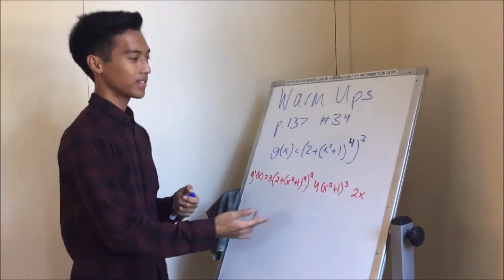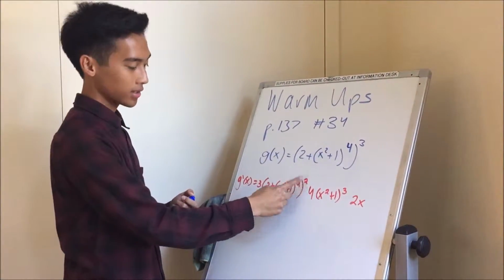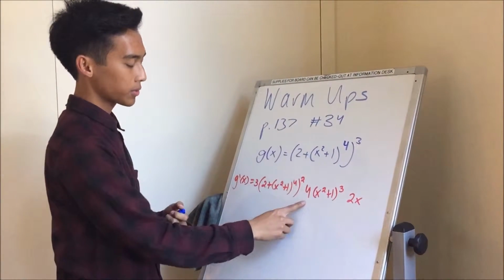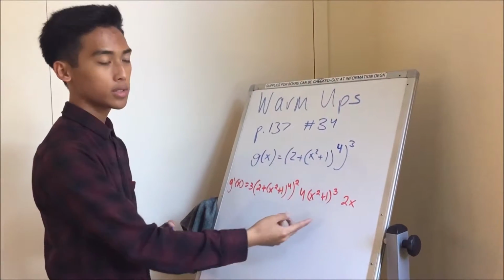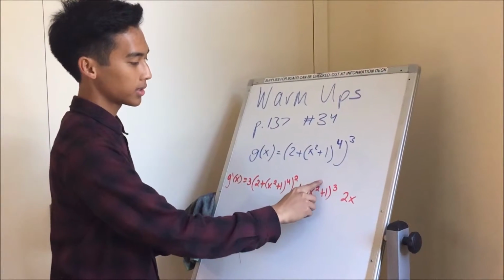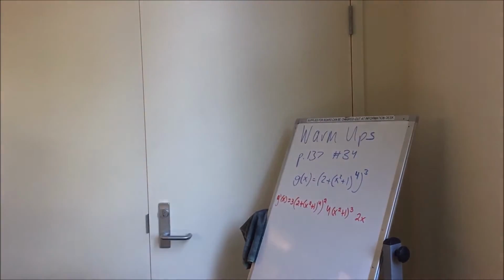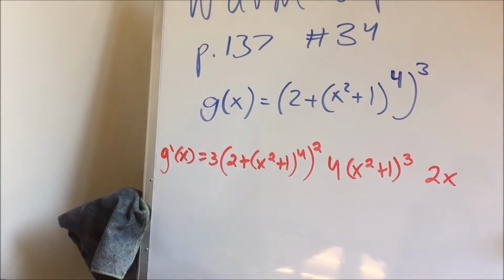Well, to get that answer, first you have to bring the power down to make it 3 and make this 2. And using chain rule, you take the derivative of the inner function, which results in 4 times x squared plus 1 to the power of 3. And to get 2x, you still have to use chain rule, which is the derivative of x squared plus 1, leaving 2x. Now you have to simplify.